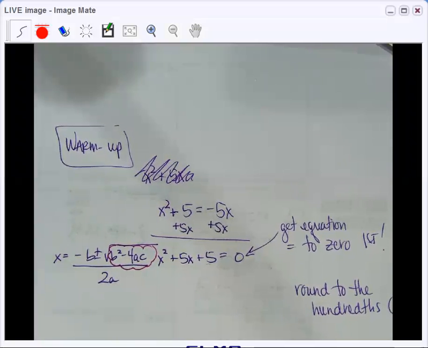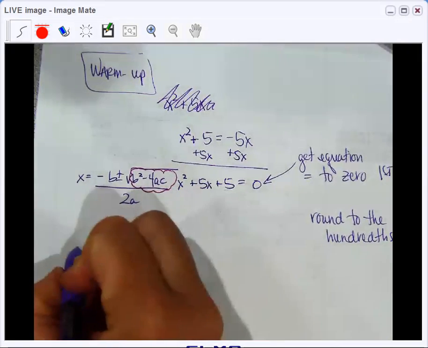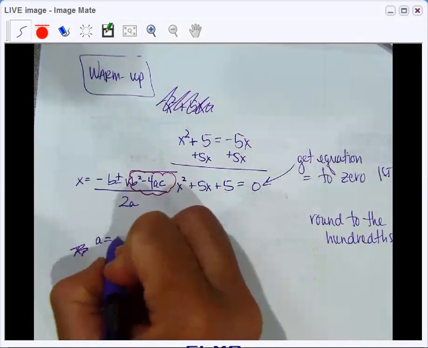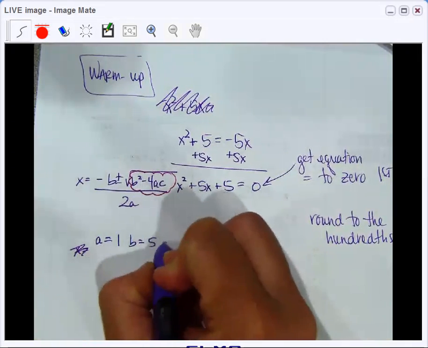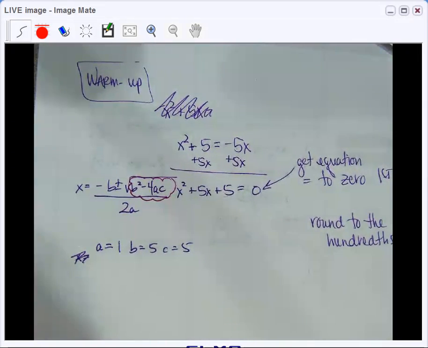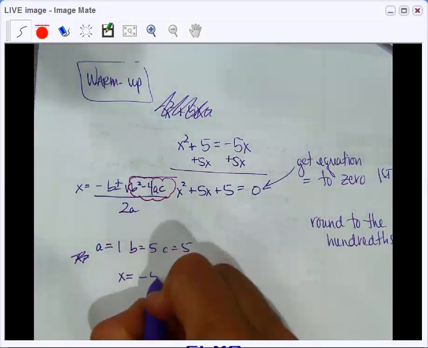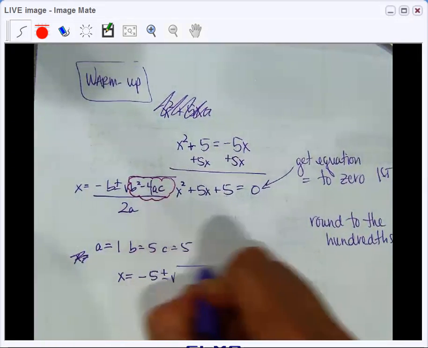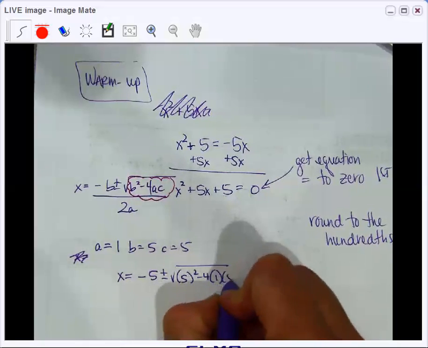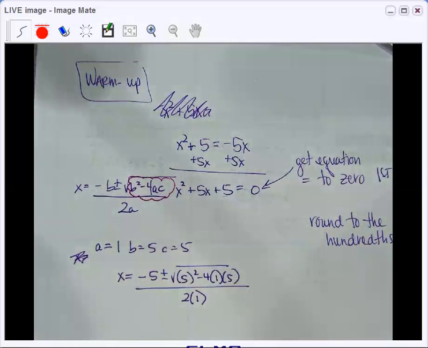Okay, so what I'm seeing is, hopefully when you plug in all your numbers, first of all, let's go back. A equals 1, B equals 5, and C equals 5. And then putting all those values into the formula: x equals the opposite of b plus or minus the square root of b squared minus 4 times a times c, all over 2 times a.